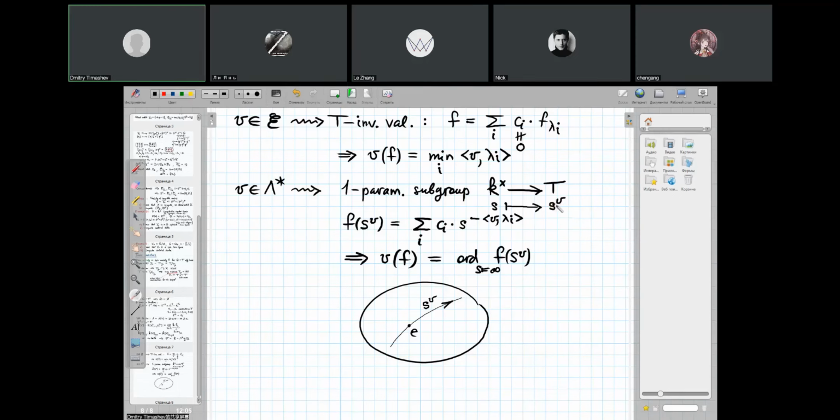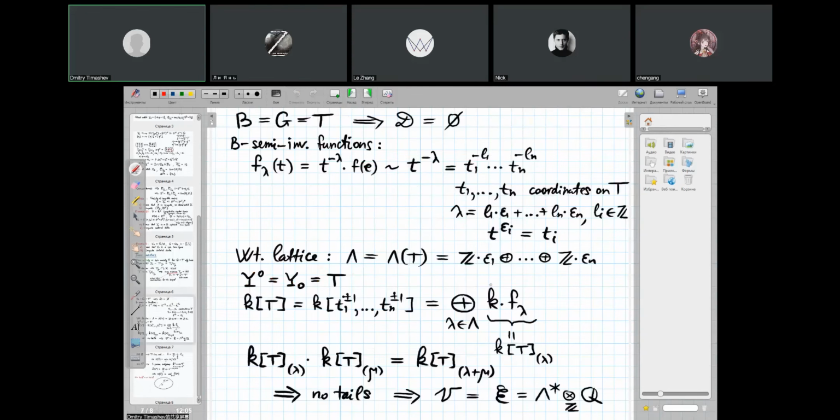So maybe to facilitate the understanding for you, let me recall somewhere here that if V is expressed as some linear combination k1 epsilon 1 star plus etc. plus kn epsilon n star, where epsilon 1 star, ..., epsilon n star are, of course, the dual basis vectors to these basis vectors of lambda. The dual basis vectors in lambda star, I also denote them by star.